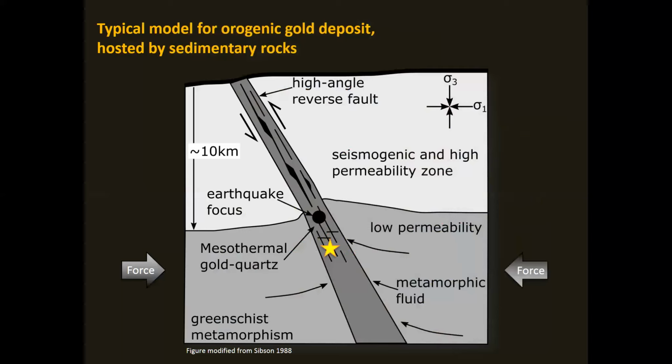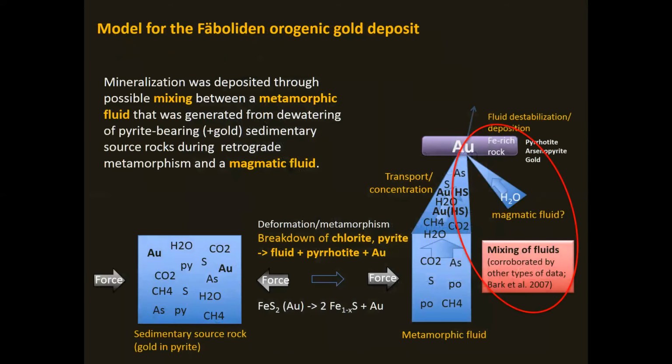The yellow star here is where we then think that the Fäboliden deposit was formed at roughly 12 kilometers depth in a situation like this. So then going from, let's say, the general orogenic gold model to the Fäboliden deposit, in this deposit we need to consider the magmatic component.